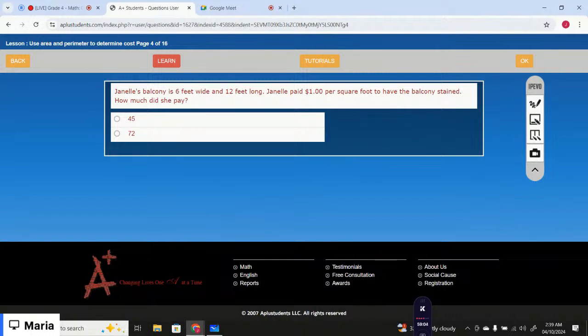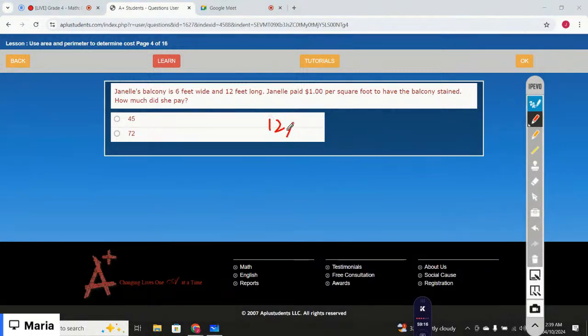You have to calculate the area, right? That is 12 times 6. 12 times 6 is 72, and 72 times 1 is 72.